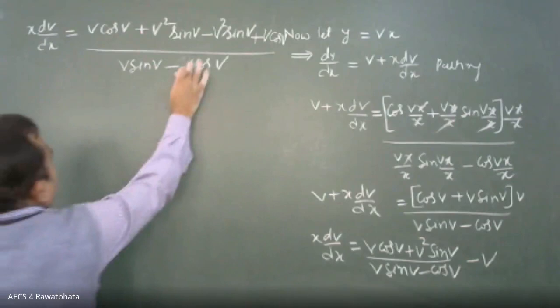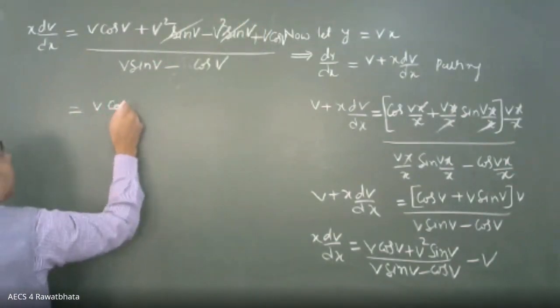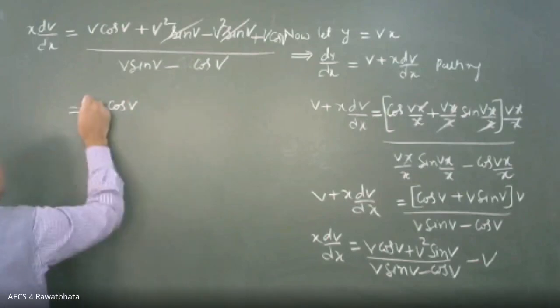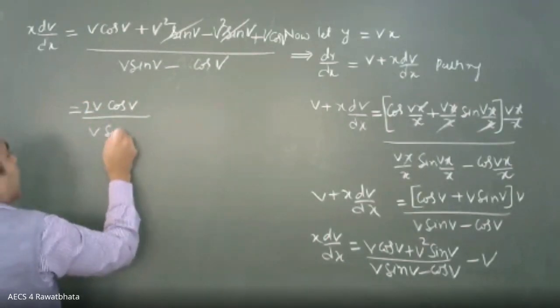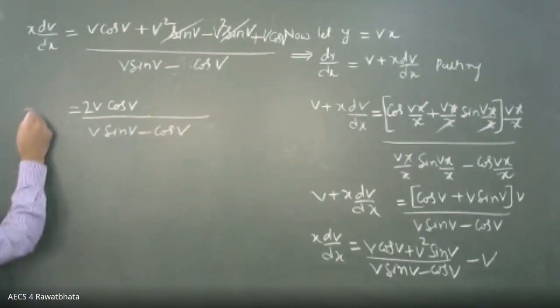Now v square sin v get cancelled and it remains 2v cos v whole upon v sin v minus cos v. Separate the variables.